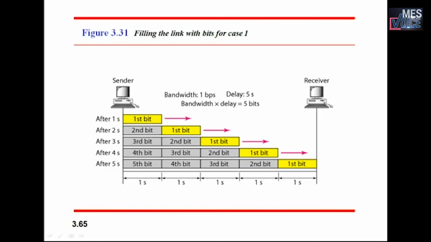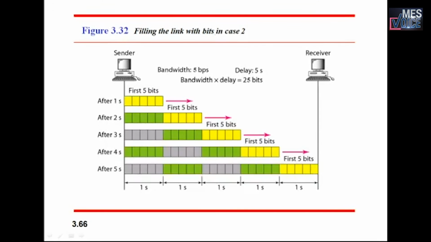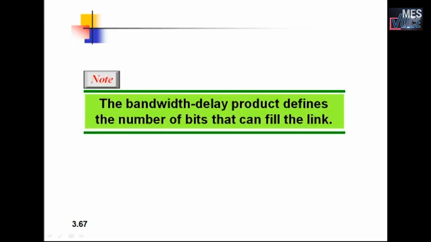Another example shows the bandwidth is 5 bits per second and the delay is 5 seconds, which means at each second 5 bits can occupy the medium, and after 5 seconds a total of 25 bits can occupy the medium. The bandwidth delay product defines the number of bits that can fill the link.